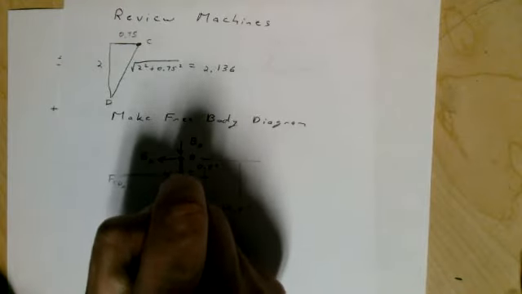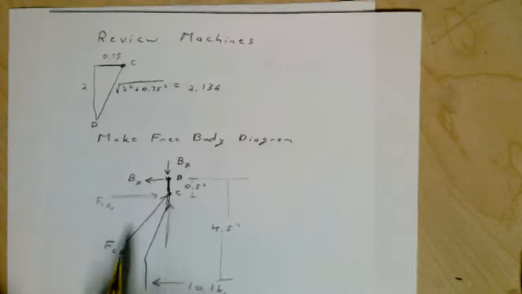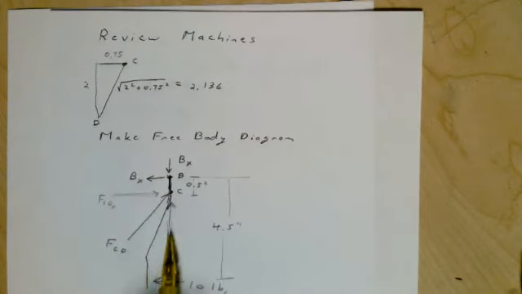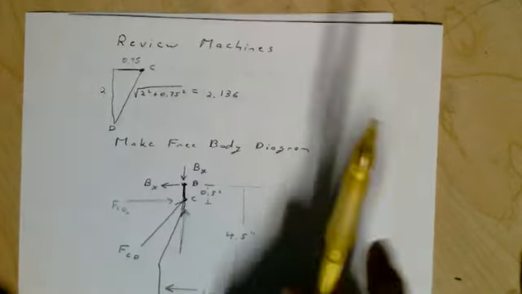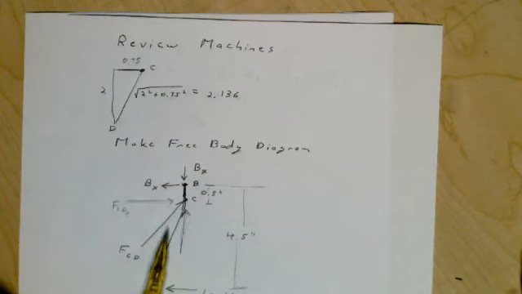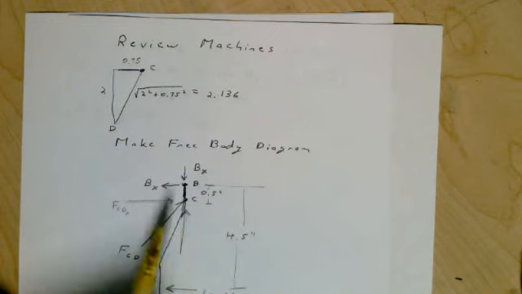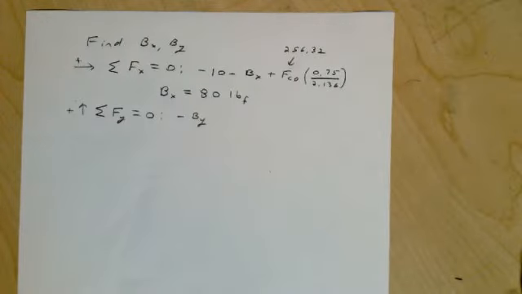So let's say it's maybe pointing upward like this. And so once again, this force here will be the FCD times 2 divided by the hypotenuse. Once again, just using our triangle like we've been doing all along, if you have a force in this direction and you're trying to find the Y component, use the Y component of your triangle divided by the hypotenuse.